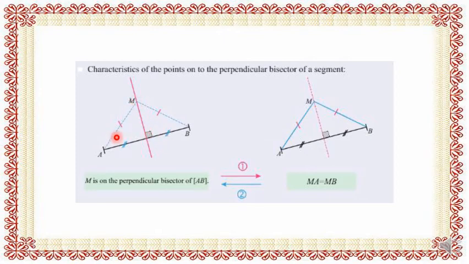It means MA is equal to MB. And vice versa, if you have MA equal to MB given, then you can conclude that M belongs to the perpendicular bisector of AB.